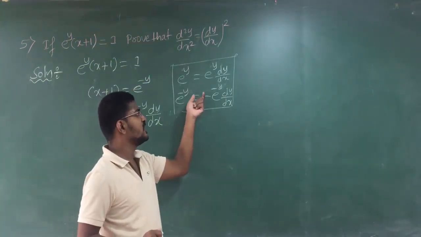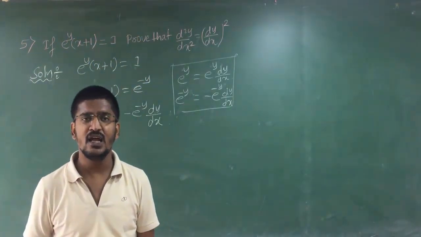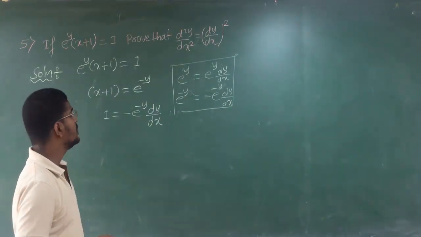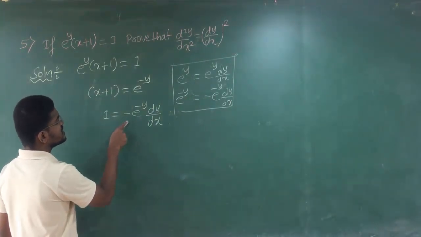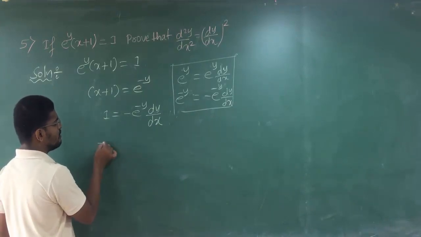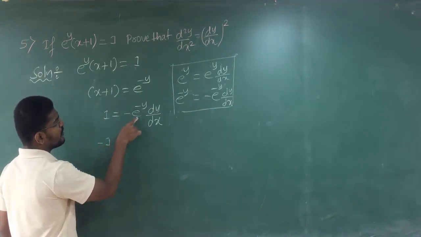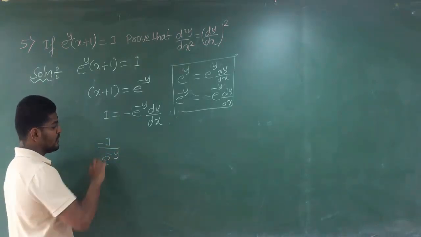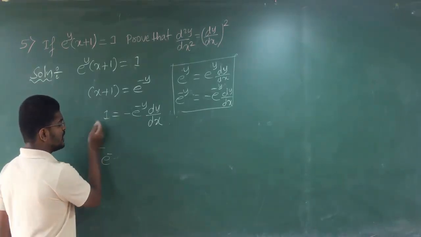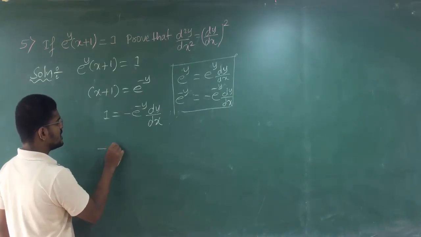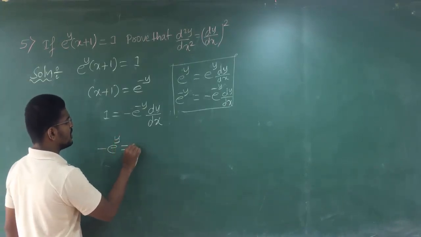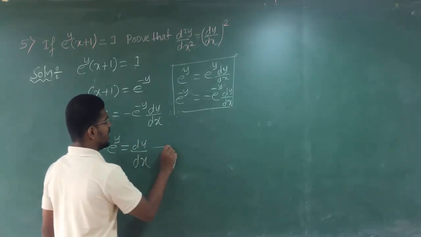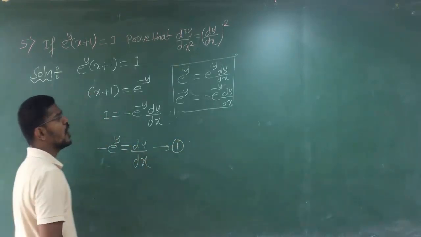Further explanation of this formula let us do later. So now you just remember those 2 things and let us simplify this. Now minus can be taken on this side, it will be minus 1. Again if I take it on this side, it will be minus 1 by e raised to minus y. If I simplify this, it can be written as minus e to the power of y equal to dy by dx. You write it as equation 1.